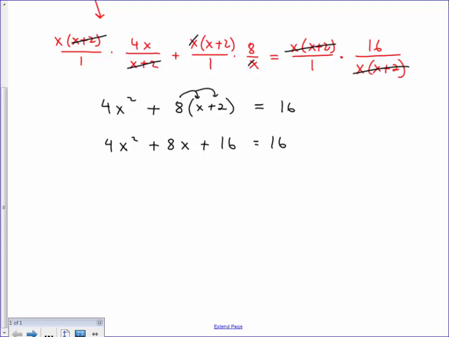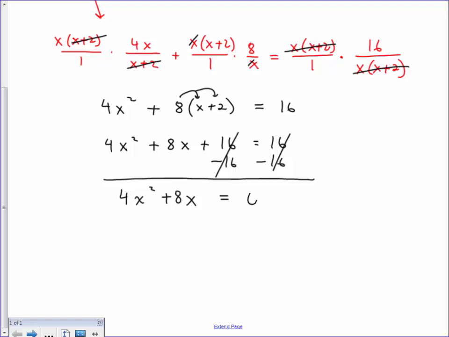Anytime you have a square on your x, the first thing that you want to try to do is get 0 on one side of your equation. So in this case, I would need to subtract the 16 that's on the right and move it to the left side. That would leave me with 4x squared plus 8x, and then notice that both of the 16's cancel. Make sure that on the right hand side you leave that 0.